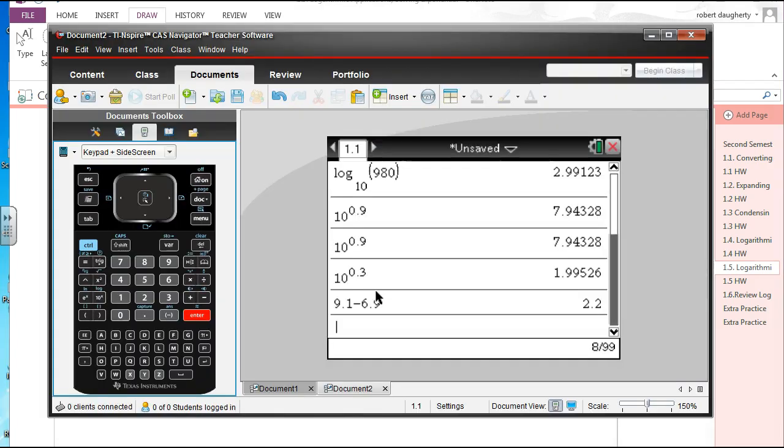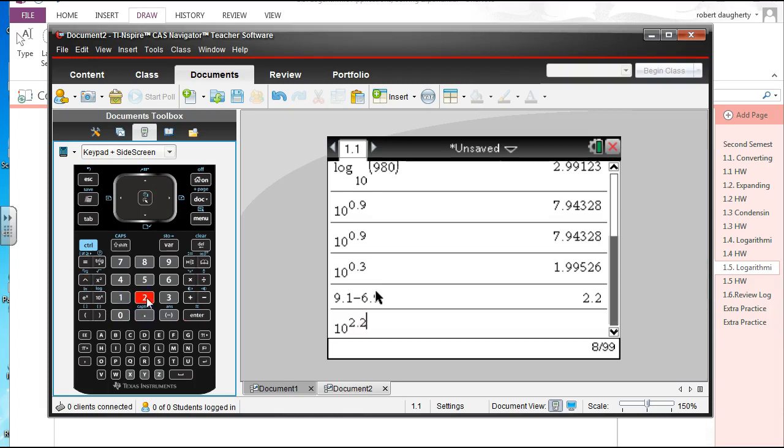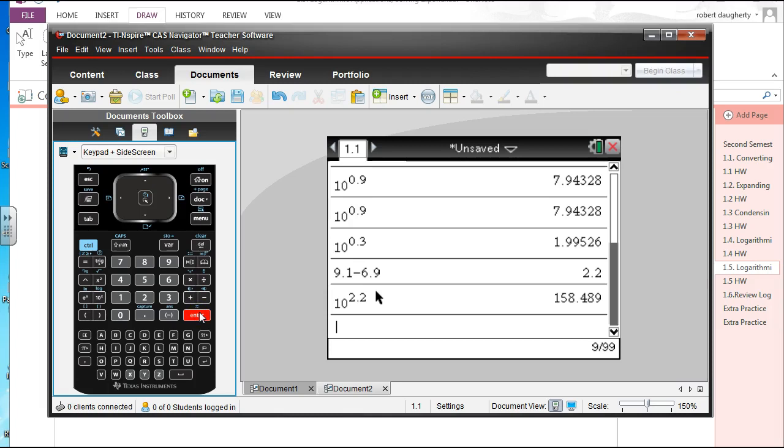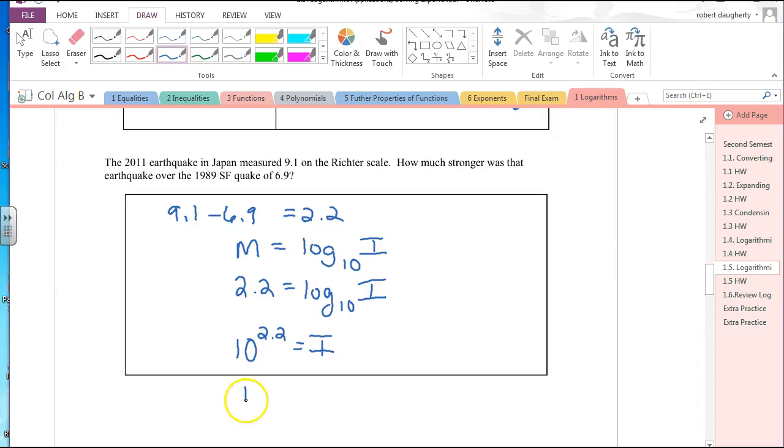I go back to my calculator. 10 raised to the 2.2 is 158. We'll call it 158.49. So I equals 158.49. Is that my answer? Yes or no?